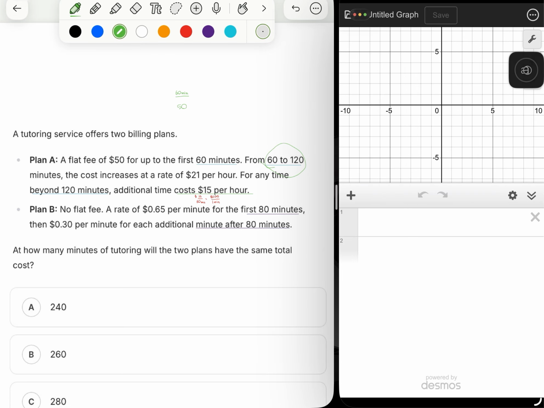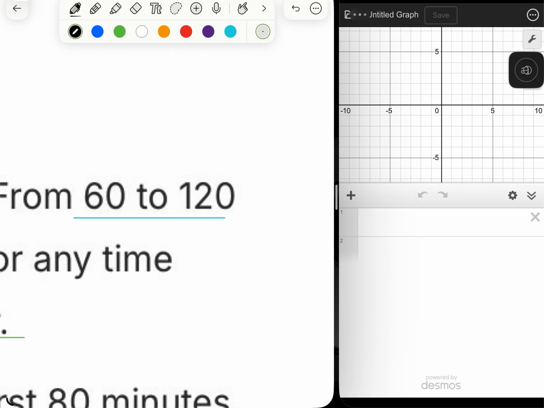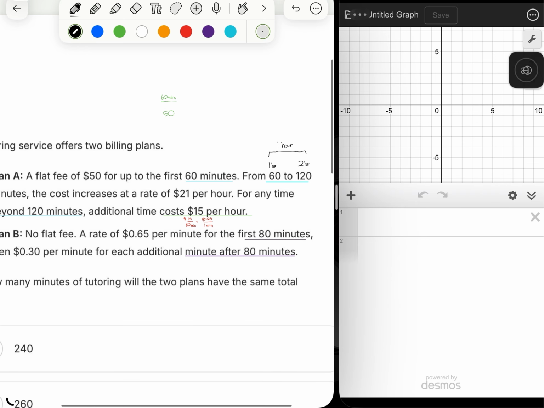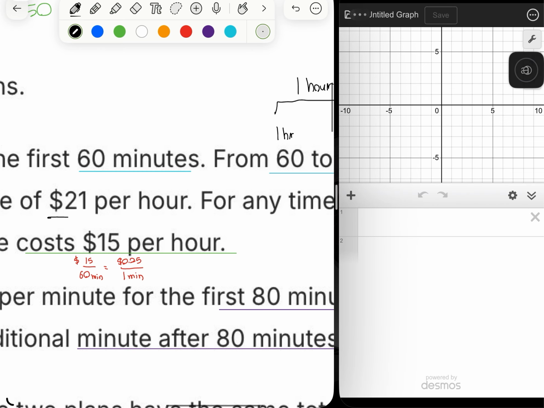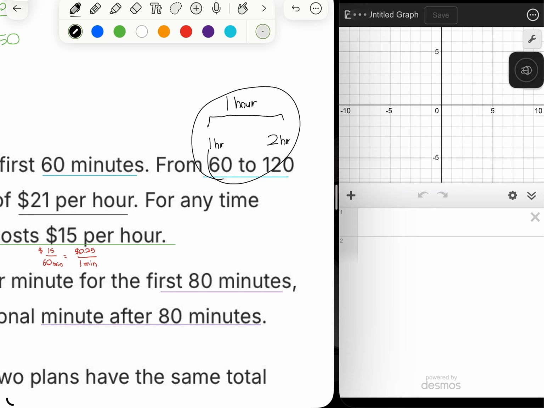Then from 60 to 120 minutes, the cost increases at a rate of $21 per hour. Well, 60 minutes is 1 hour and 120 minutes is 2 hours, so from 60 to 120 there is a gap of 1 hour. Since the cost increases at $21 per hour and only an hour passes in this interval, you just use this rate.